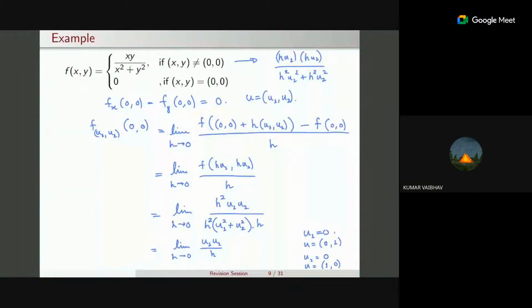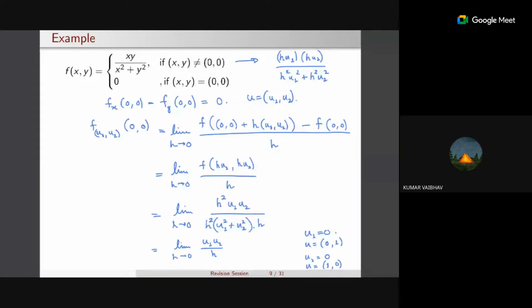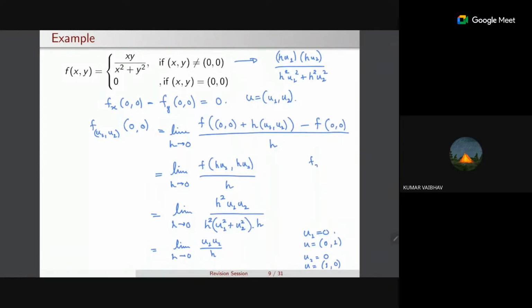In any case, it is just the x partial derivative. So the conclusion after all this is that fx and fy exist. Fu does not exist for any other u, meaning any direction that is not a coordinate direction.